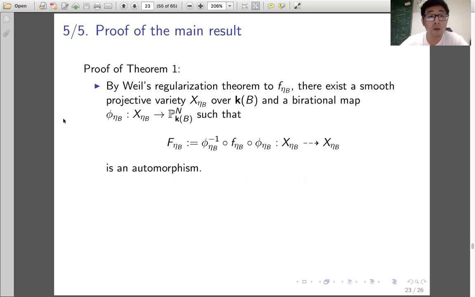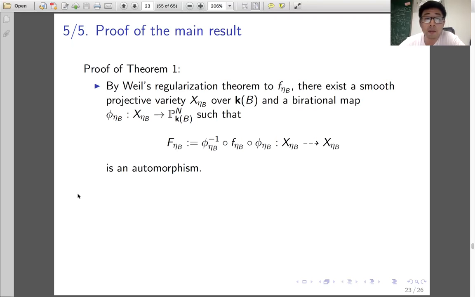Okay, now we want to prove our theorem 1. Here is the proof. First, we apply Weil's regularization theorem to the rational self-map at the generic point, F_{η_B}.